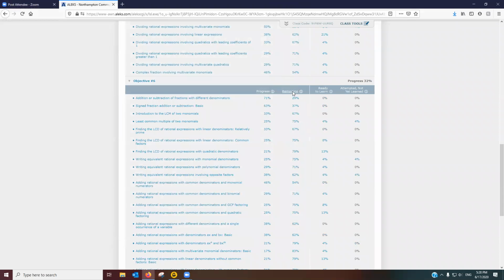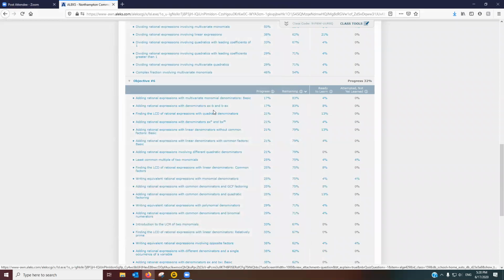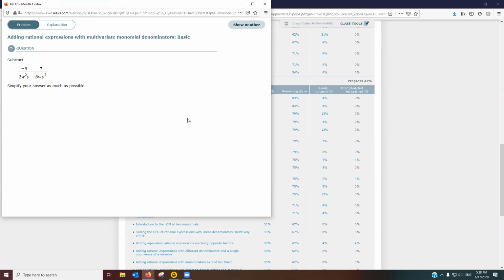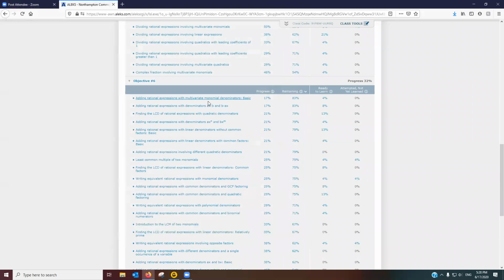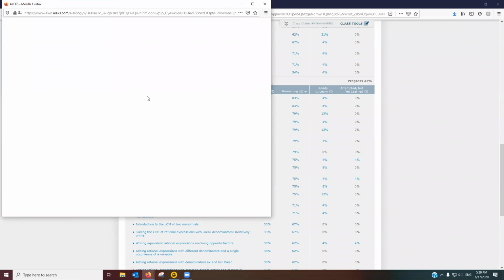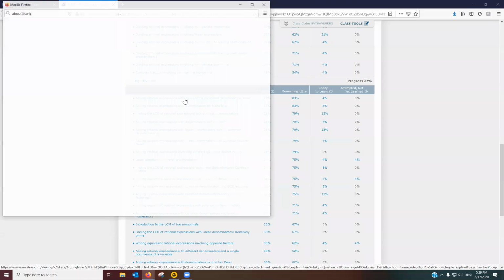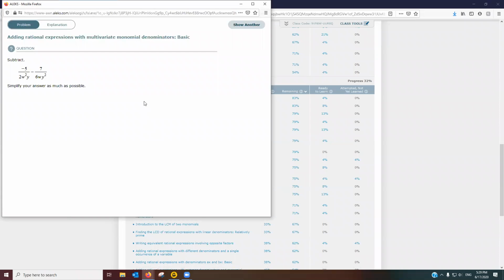Where we can find a common denominator and add them together. Why don't we do this example? Let's take a look at this one. It says adding rational expressions, and these have different denominators.